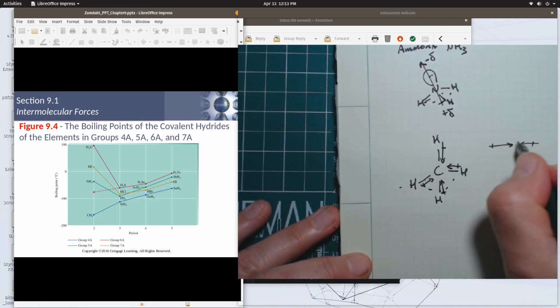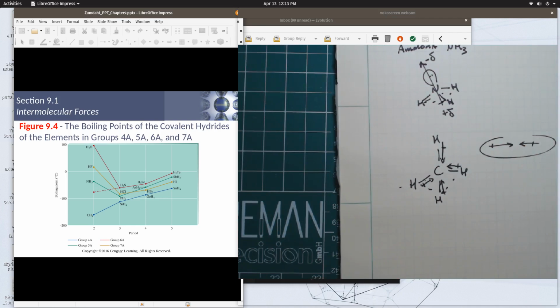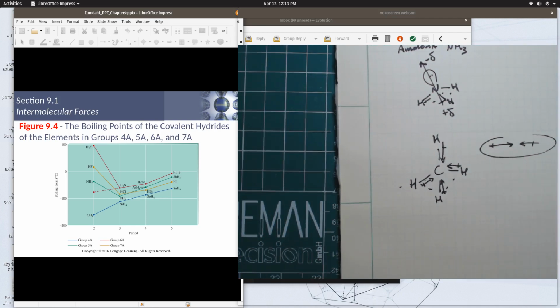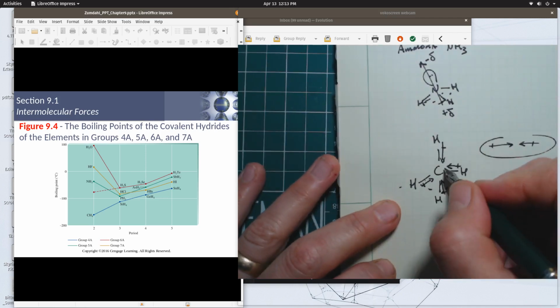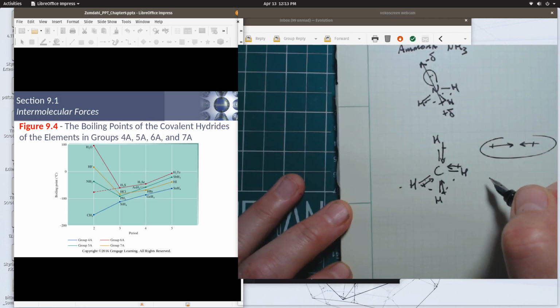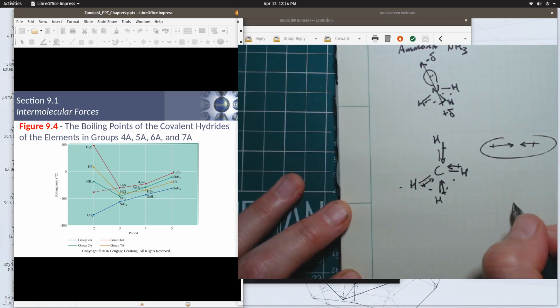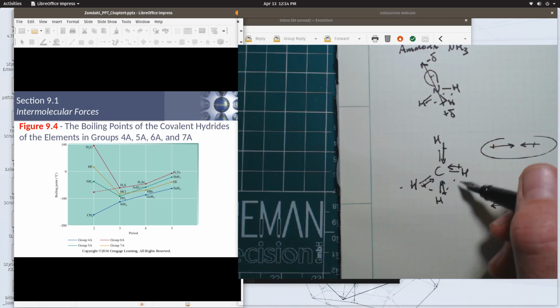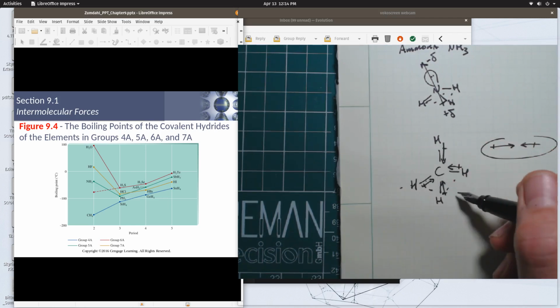The net sum of that dipole is 0. The net vector addition of these vectors is equal to 0. It's like I have two forces, one pulling that way, one pulling that way, and the net force on this point is equal to 0. So the net dipole of this molecule is equal to 0.